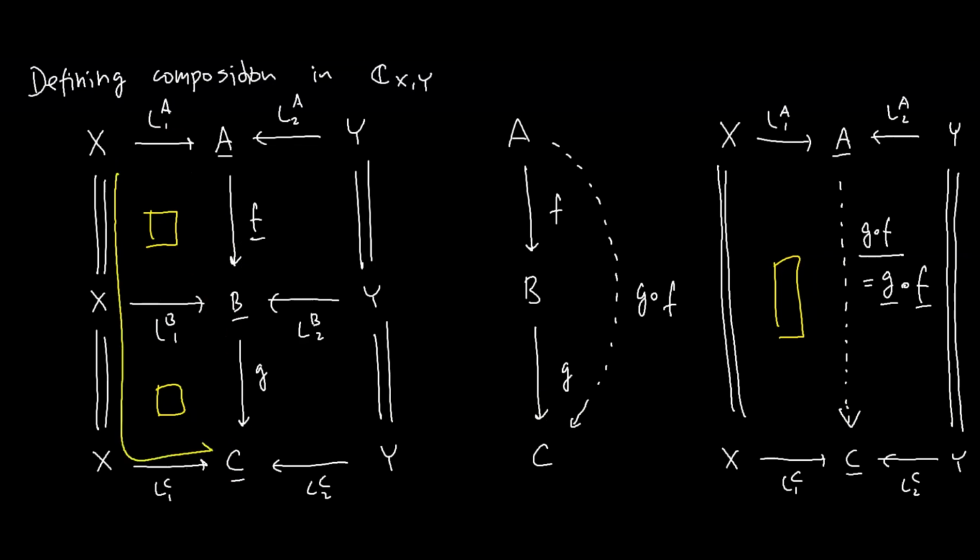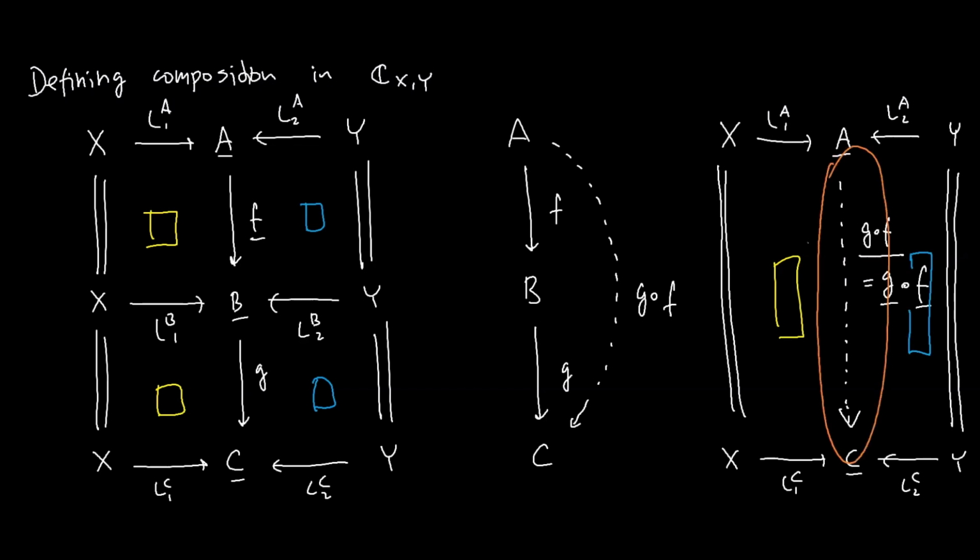The same holds on the other side. If this commutes and that commutes, then something commutes there as well. I needed to check this to confirm that this is indeed a morphism in our category. It satisfies the definition of being a morphism.